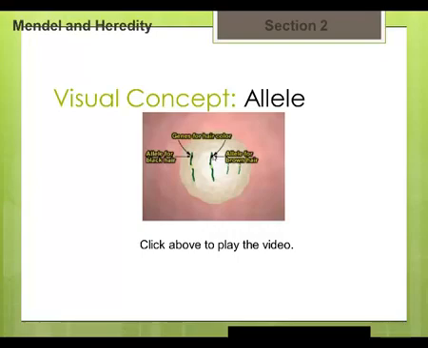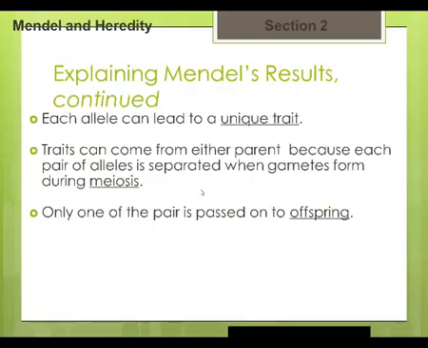Okay, so we get contrasting versions from our parents. So each allele that you have can lead to a unique trait. And our traits come from either parent, or they can be due to blending of both alleles that we get from each parent.